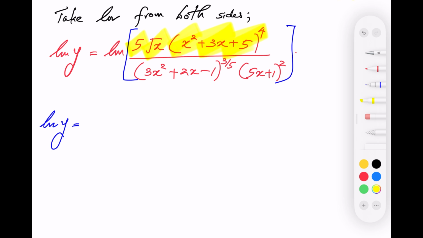So the numerator terms can be written as natural logarithm 5 plus natural logarithm square root x plus natural logarithm of all of this term. The terms on the denominator should be identified as the terms that are used to divide this numerator. So this term should be written with natural logarithm with a minus symbol. And the same holds true for this term as well. So let's apply those properties and simplify the right-hand side.